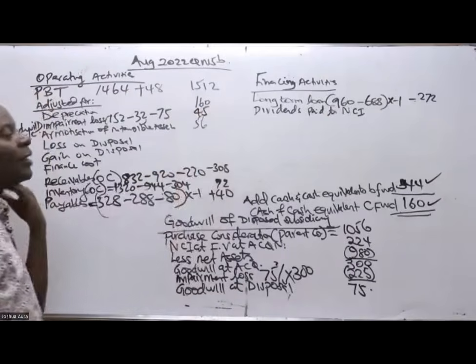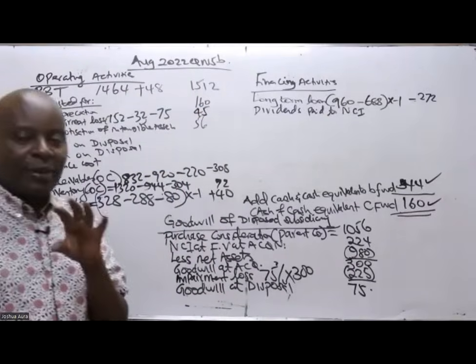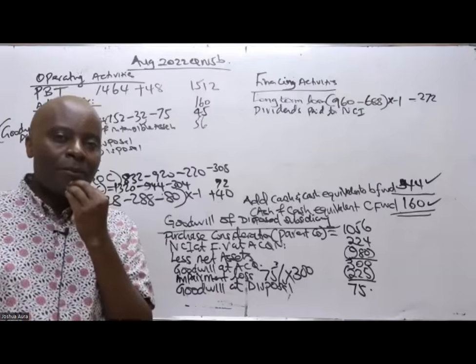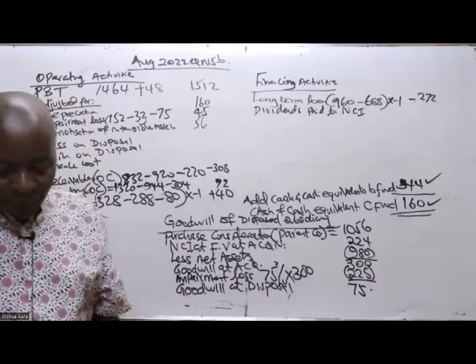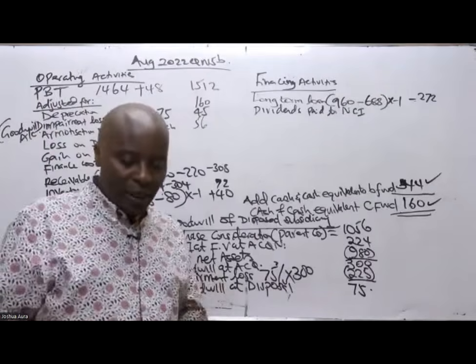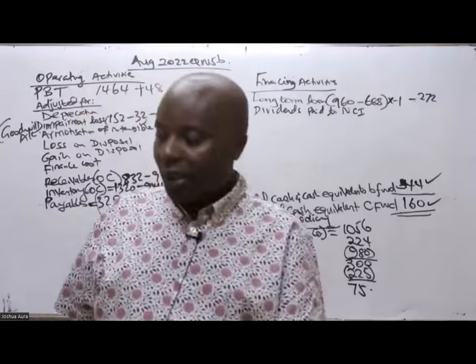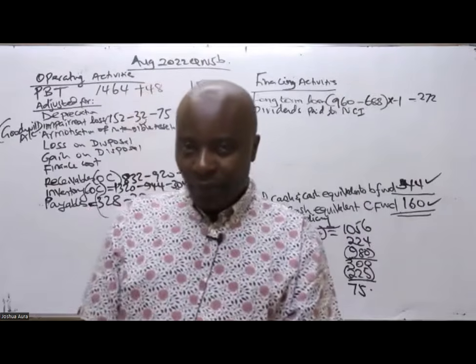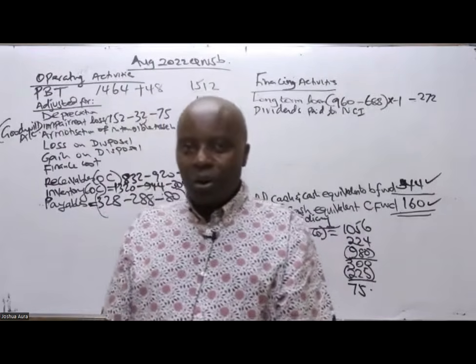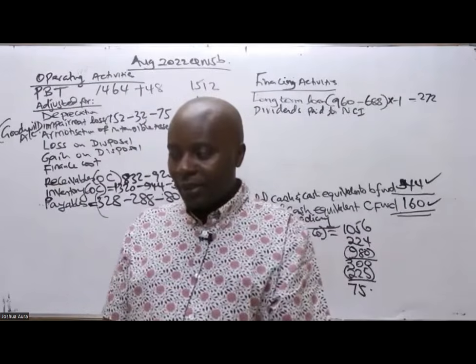Now, ladies and gentlemen, I would want us to move in a very systematic way. If somebody asked you, and please be very honest with me, what have you learned out of this simple working of impairment loss? How would you summarize the skills learned?